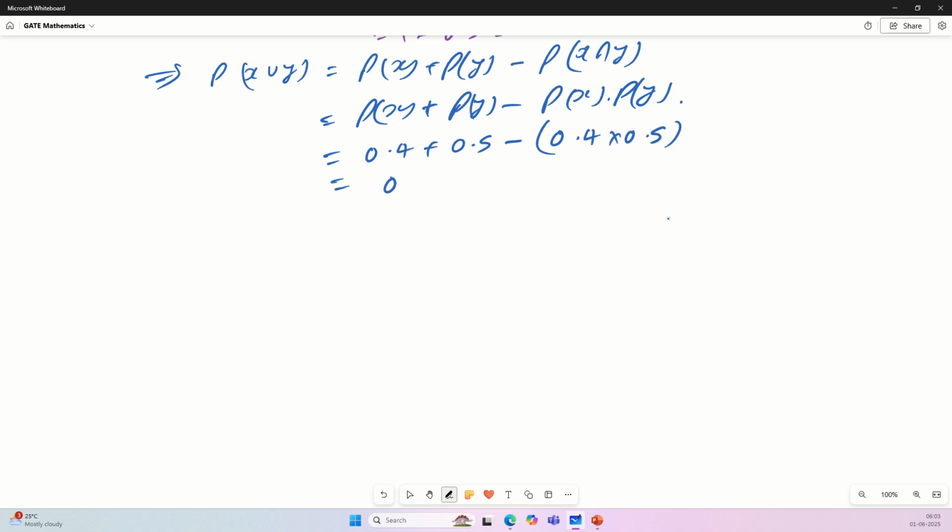So this is going to be 0.9 minus 0.2. So that is going to give me 0.7. So this was the answer for the required probability of X union Y. Probability of X union Y is 0.7. Understood? Any question?